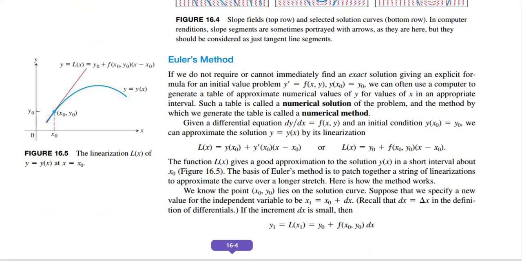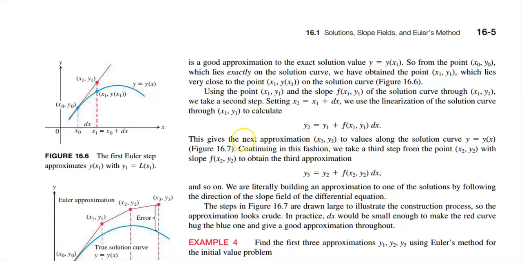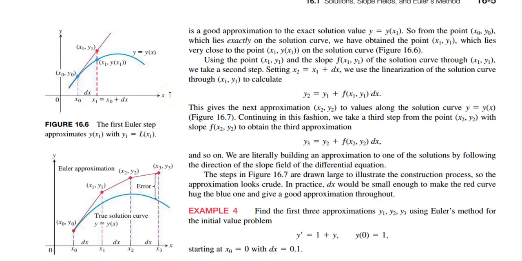If the increment dx is small, then that equation is a good approximation to the exact solution value y equals y of x1. So from the point x0, y0, which lies exactly on the solution curve, we have obtained the point x1, y1, which lies very close to the point x1, y of x1 on the solution curve, which we see on figure 6.6 on the left here.